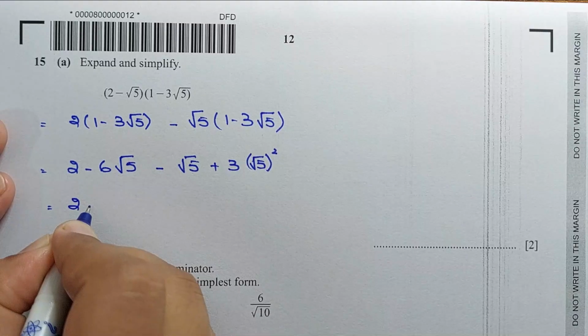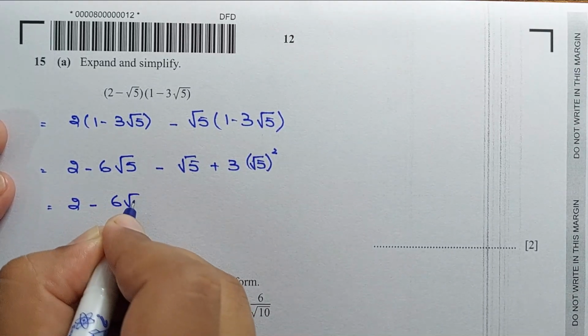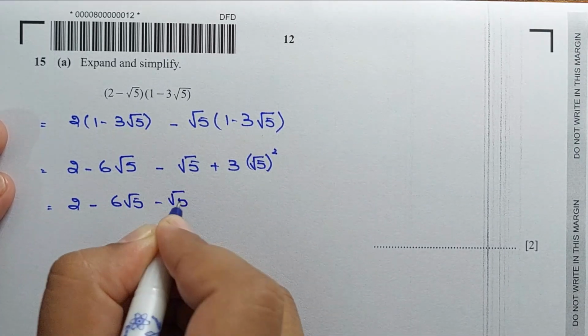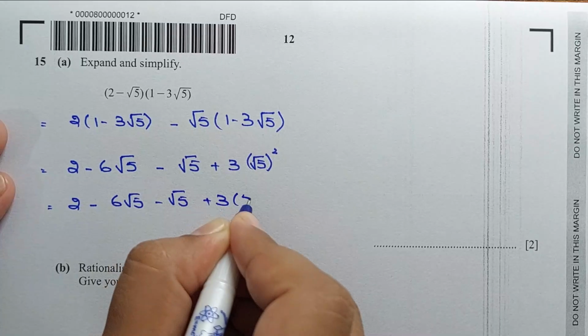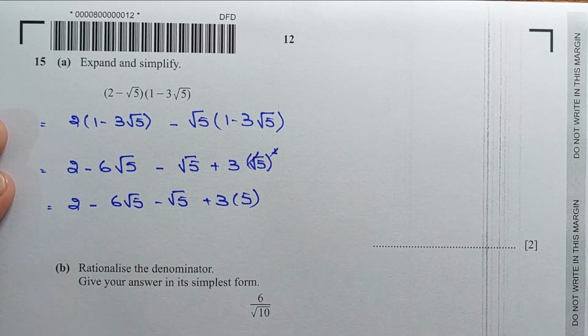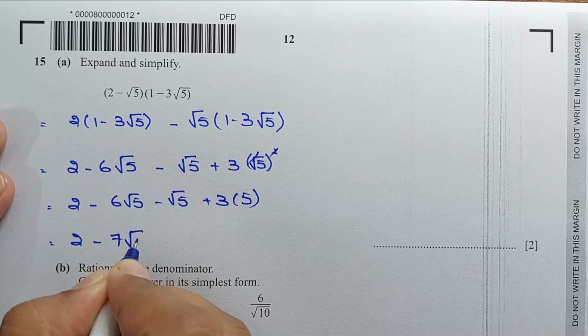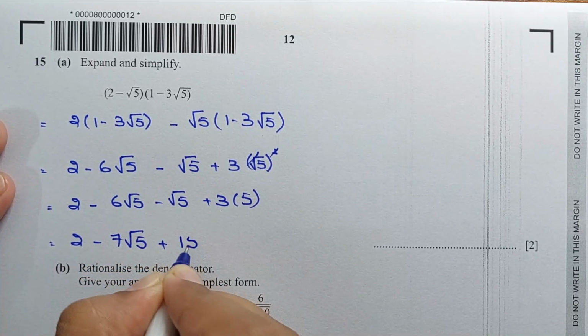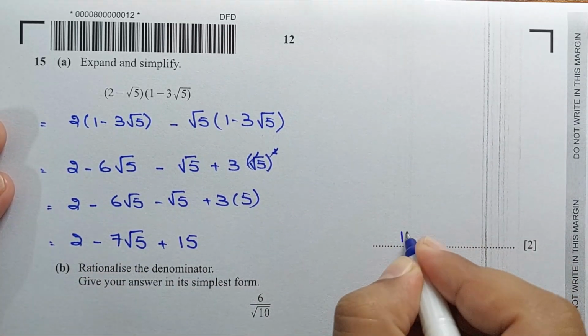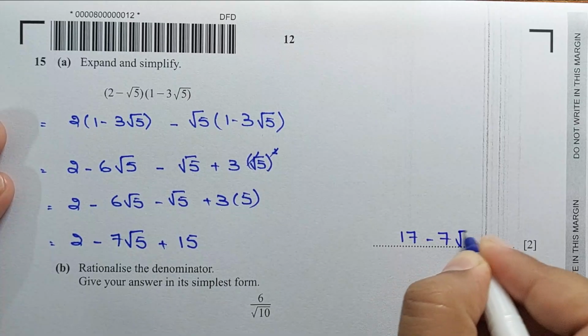So this is 2 minus 6 root 5 minus root 5 plus 3 into 5, that is 15. This is 2 minus 7 root 5 and 3 times 5 is 15. So 15 plus 2 is 17 minus 7 root 5.